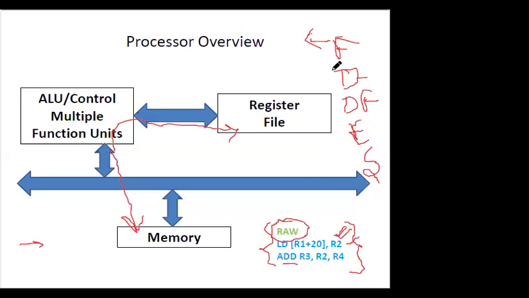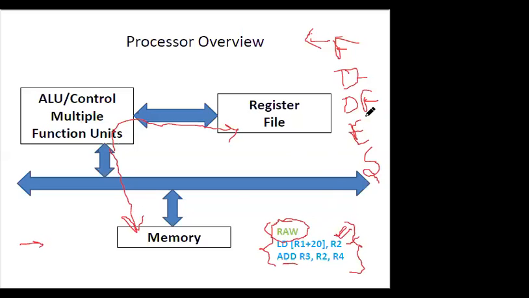So the pipeline was fetching the addition instruction while the load instruction was being decoded. When the load instruction went to data fetch, the add instruction was being decoded. This is the structure of the pipelining that we were following in these two cases. Suppose we are taking the example of these two instructions in the pipeline. When the addition instruction reaches data fetch, it starts fetching data.